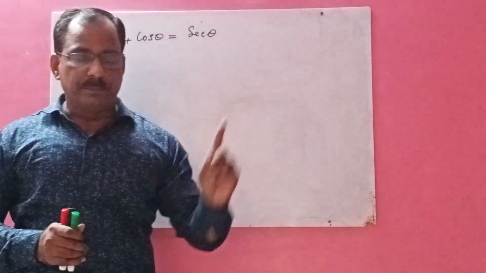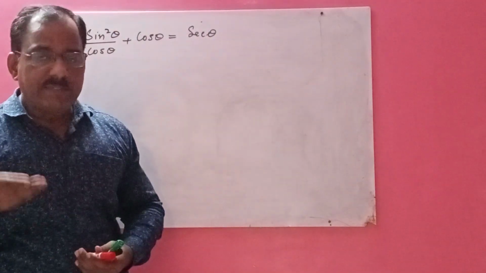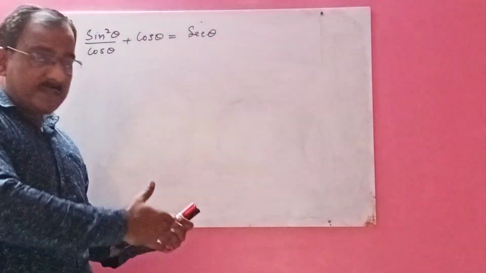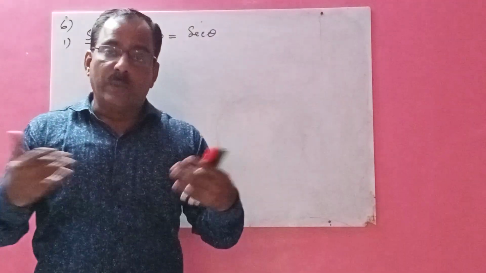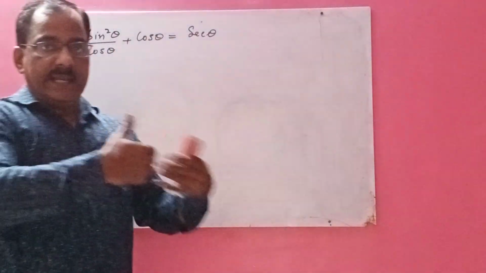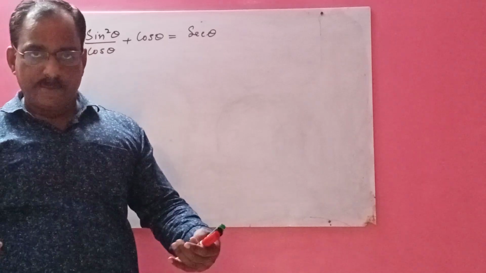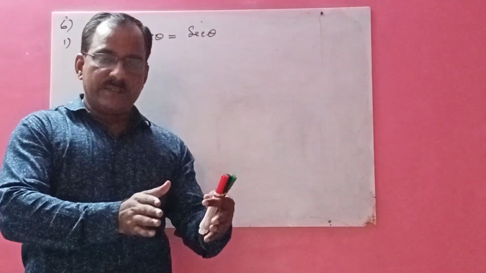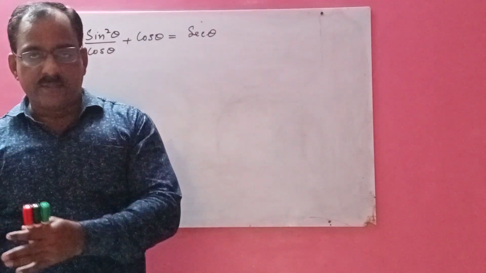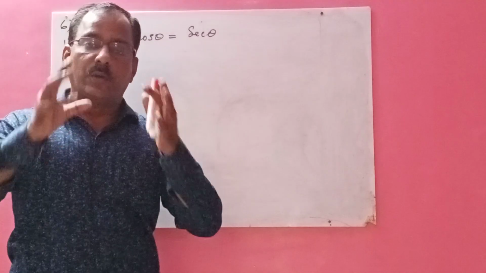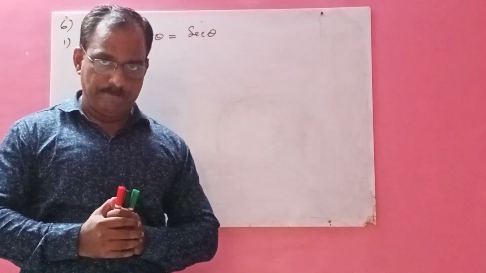It is not compulsory that you should take only the left hand side. There are many sums, because this chapter is there in 11th standard and 12th standard. If you take the right hand side, then you will get the left hand side. So whenever you want to prove LHS equal to RHS or RHS equal to LHS, try to select that part of the problem which is the complicated, difficult part.